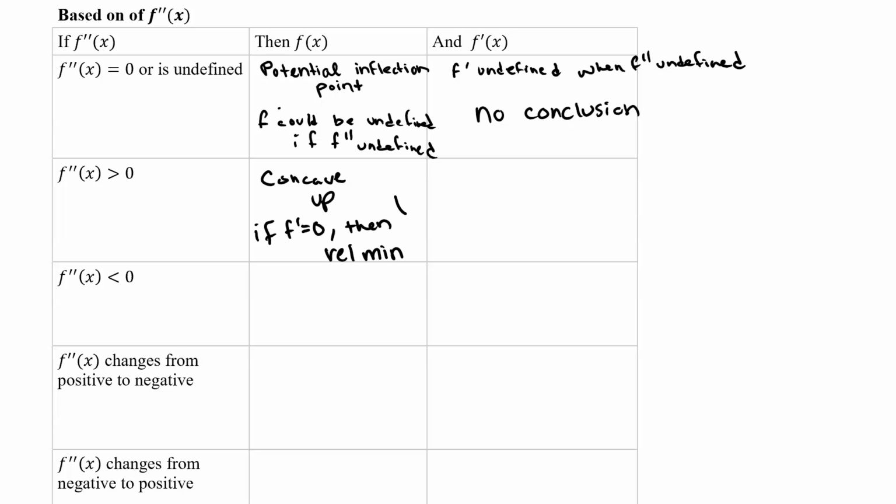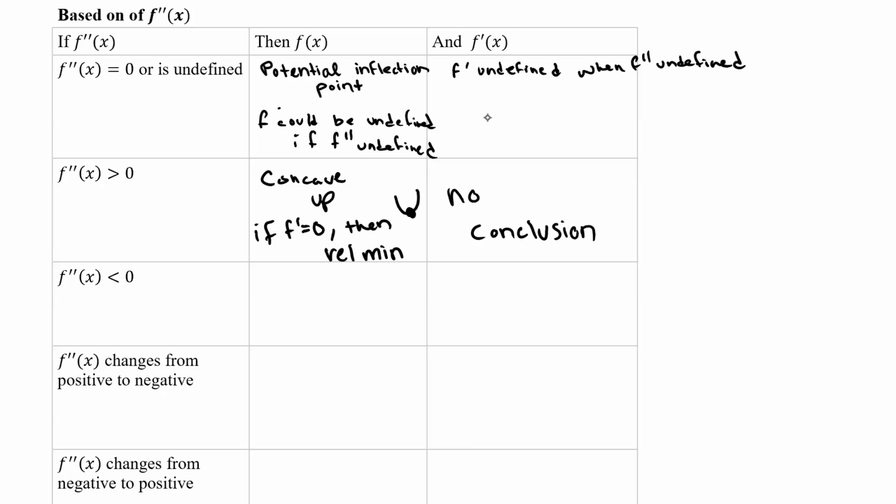Because remember, concave up and first derivative equal to 0 is a relative min. First derivative, we can't really draw conclusions about just based on the second derivative graph. Well, is that quite right? I have to think about that for a second.